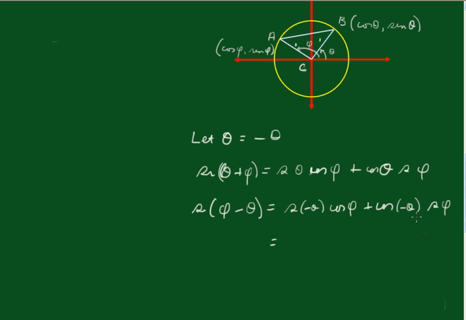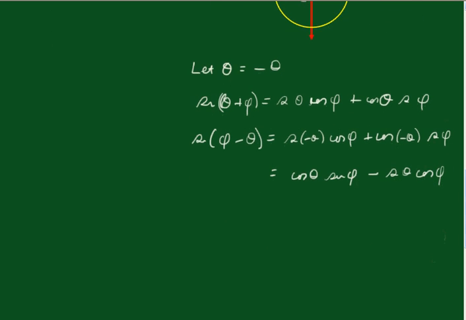Let's take this around the other way, so that becomes the cos of theta sine of phi minus the sine of theta cos of phi. Alright, so we're almost done. We just got the last one, the tan one, to do.